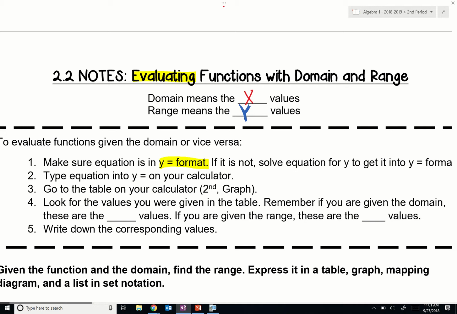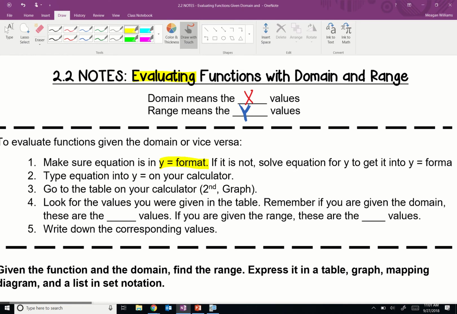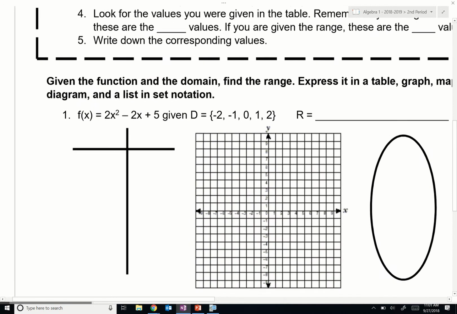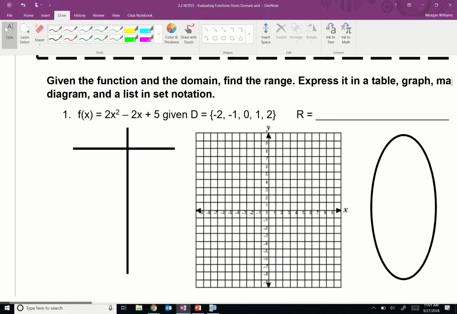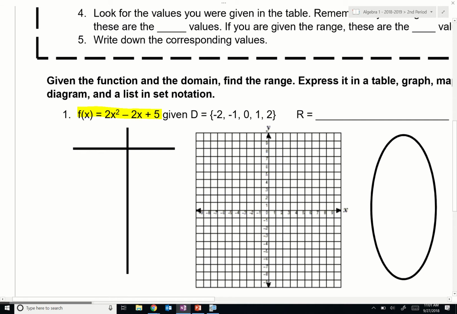Your calculator, the y equals screen. Once I've plugged it into the y equals screen, I'm going to look at the table so that I can find my x's and my y's.